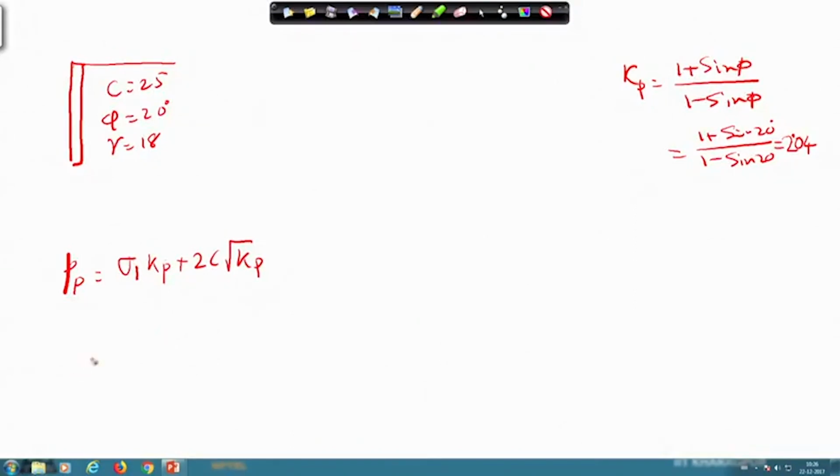At H equal to 0, sigma 1 equal to 0, so this portion becomes 0, and Pp at 0 will be 2C multiplied by root Kp, with Kp 2.04.